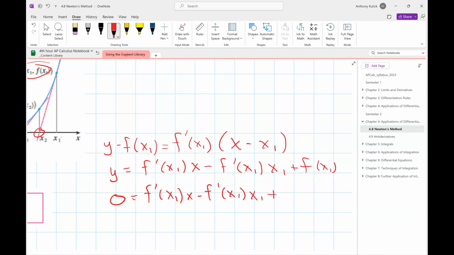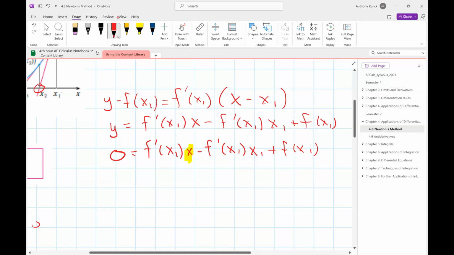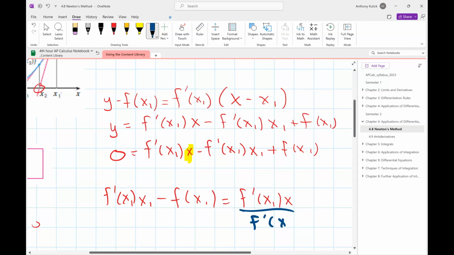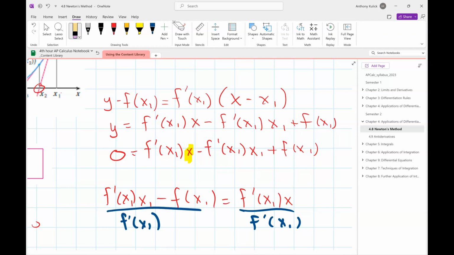Now, we're trying to solve this for x. So we want that guy. So we're going to add over f prime of x1 times x1, and then subtract over f of x1, and we'll divide both sides by this.